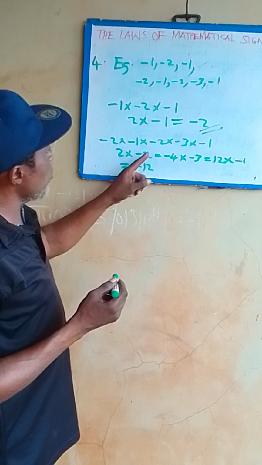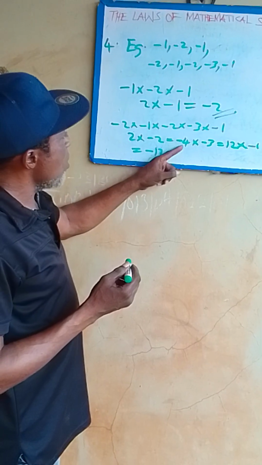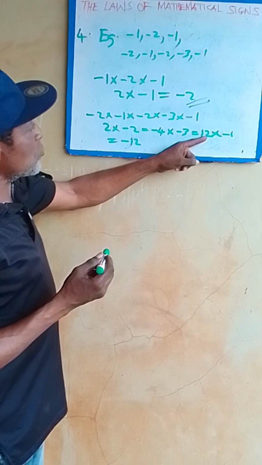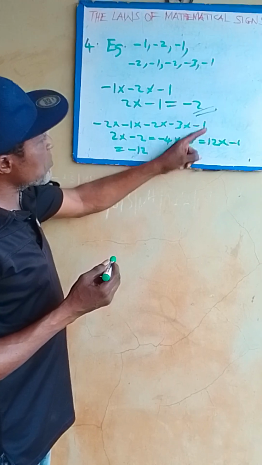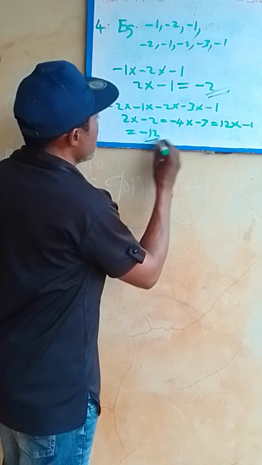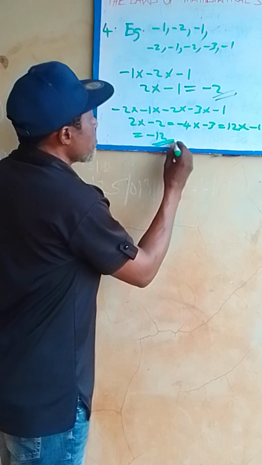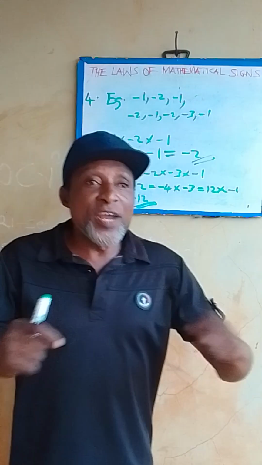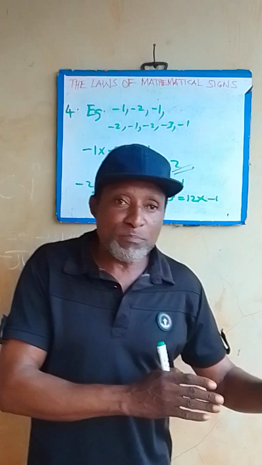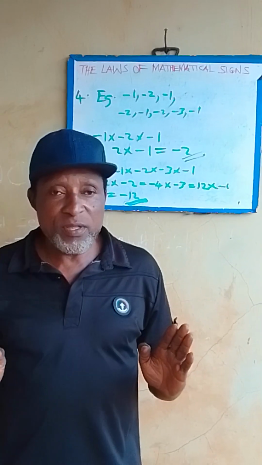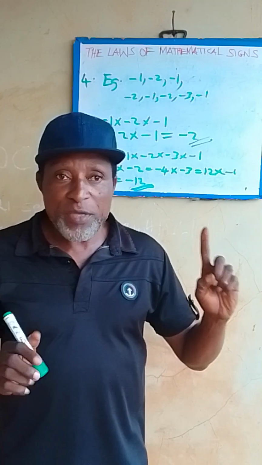Plus 2 times minus 2 is minus 4. Minus 4 times minus 3 is plus 12. Plus 12 times minus 1 is minus 12. You can see we ended up having minus. So have it in mind that when negative numbers are arranged sequentially in an odd form, the result will be negative. So that is law 4 in mathematics.